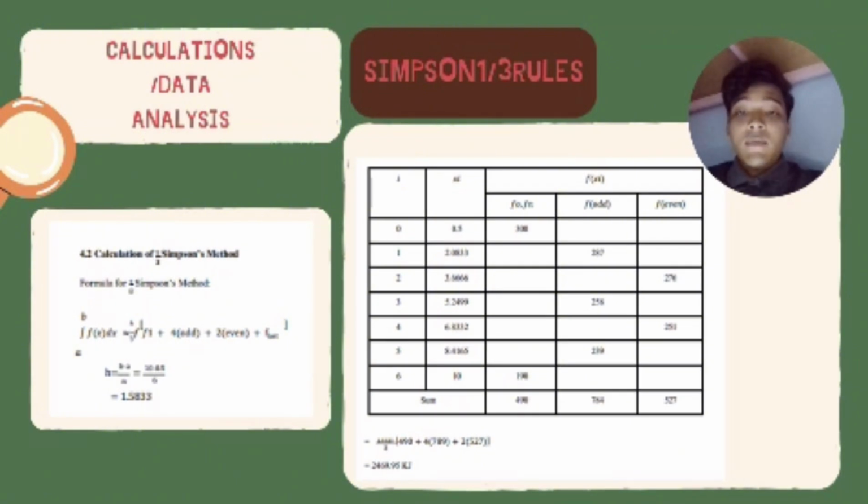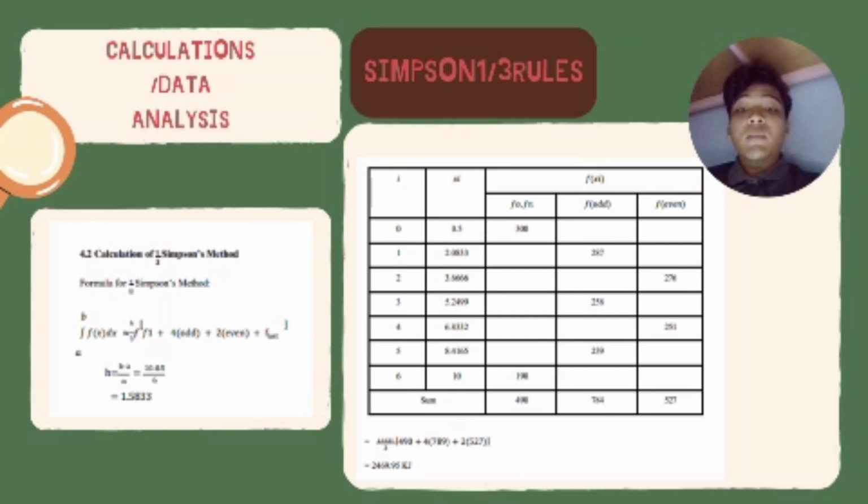And we need to substitute the values, which is I equal to 1.5833 divided by 3 and multiplied by 300 plus 190 plus 4 multiplied by 784 plus 2 multiplied by 527. And then we need to perform the calculation, which is to compute the sums inside the brackets.